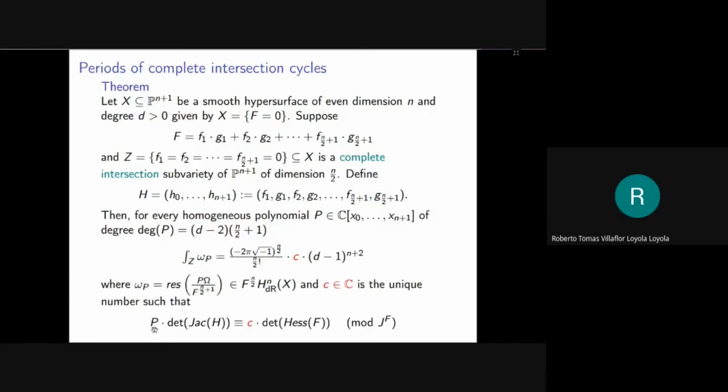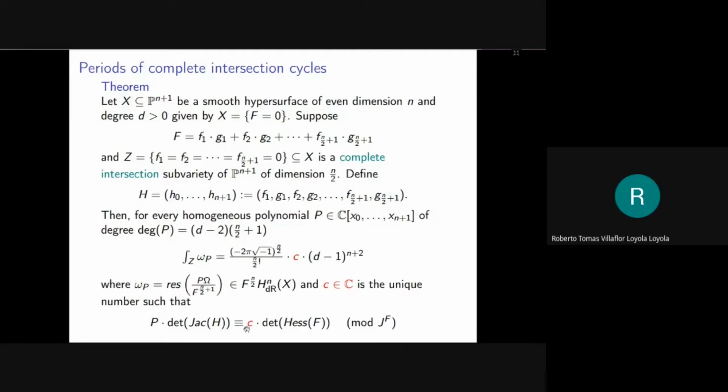The product of the polynomial p times the determinant of the Jacobian matrix of the vector h, which is also a polynomial of degree d minus 2 times (n over 2 plus 1), is a homogeneous polynomial of degree d minus 2 times (n plus 2).